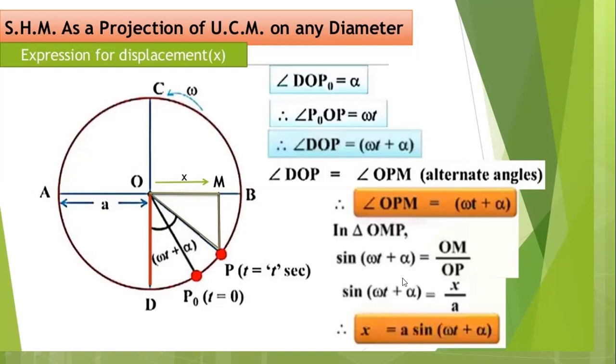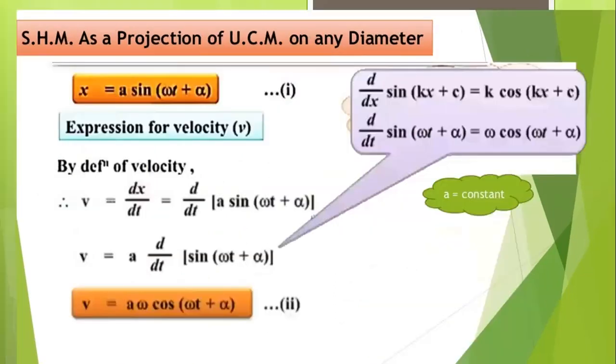In the right angle triangle OMP, sine of omega t plus alpha is equal to OM upon OP, where OM is x and OP is a. So x is equal to a sin of omega t plus alpha. This is the expression of displacement in the projection of uniform circular motion.